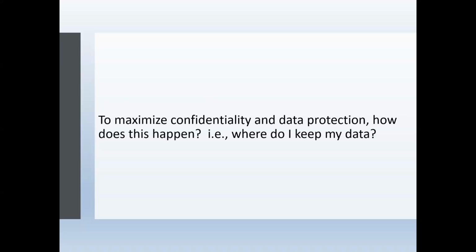So to maximize confidentiality, how do we do this? And just as a beginning point, where do we keep the data? This will depend a little bit on the IRB, but typically what we want is data to be maintained without identifiers, in a separate file from any identifiers.